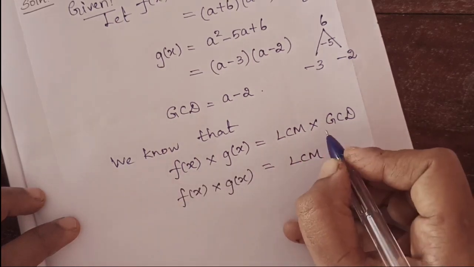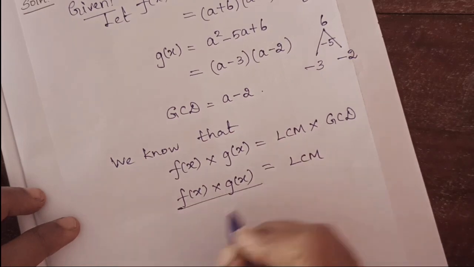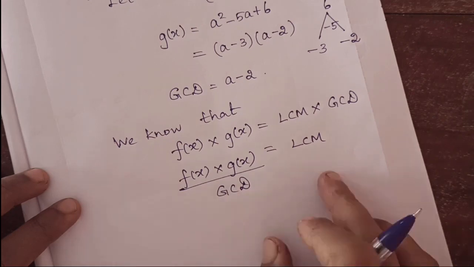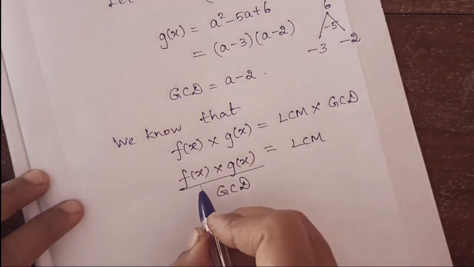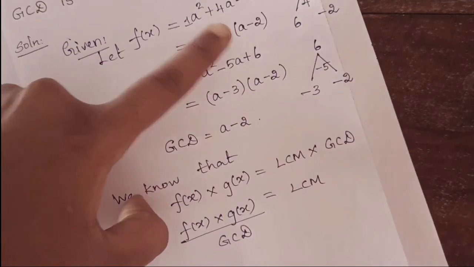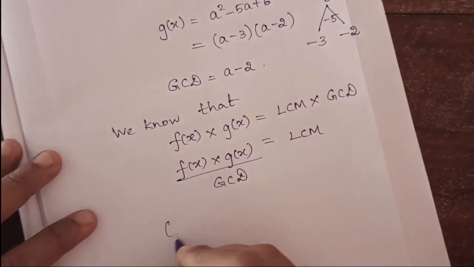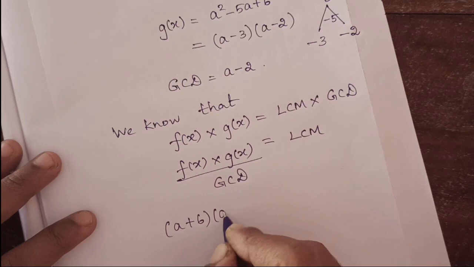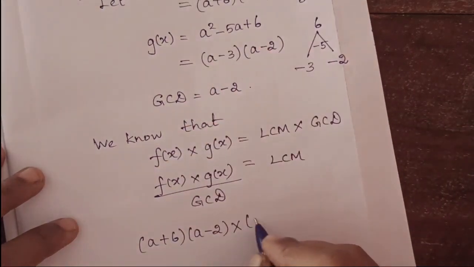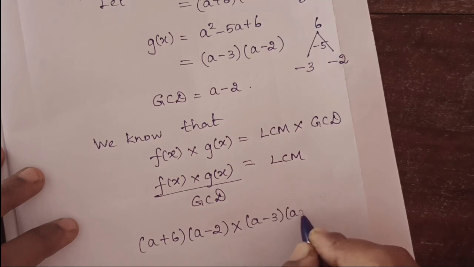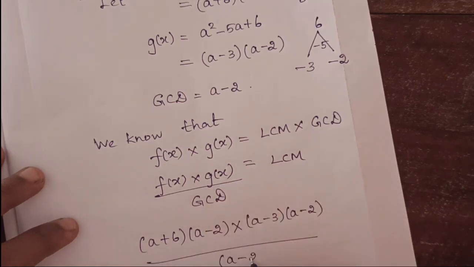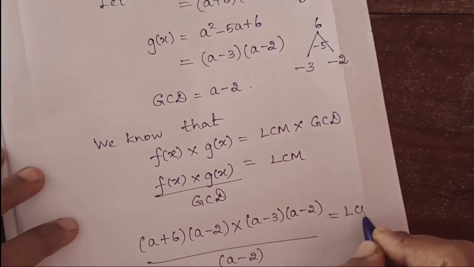When this multiplication comes to this side, it will become division. So divided by GCD. So the required LCM is obtained by applying this formula. So f of x, what are the factors we apply? a plus 6 and a minus 2. Just apply here. a plus 6 and a minus 2 into, what is the g of x we got? a minus 3 into a minus 2 divided by GCD, a minus 2, which is equal to LCM.